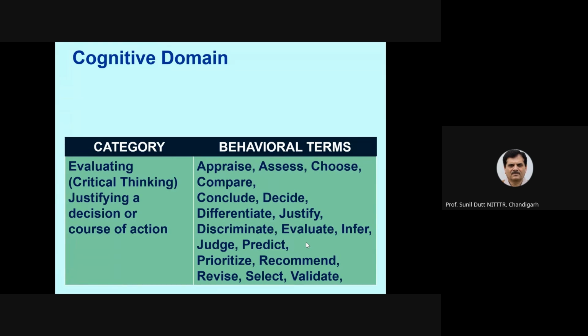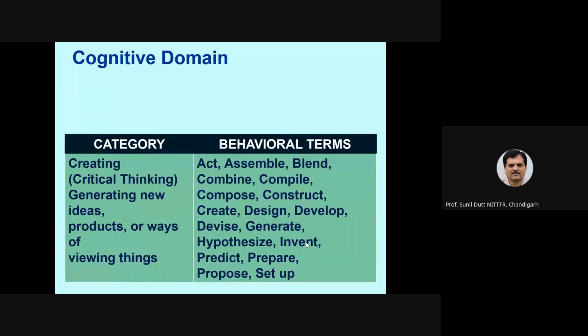Now, if you are evaluating the worth of something, you will be able to reach the highest level, creating. Critical thinking, that is generating new things, new products, or ways of viewing things. So these are some of the behavioral terms which can be employed for measuring students behavior at this level.